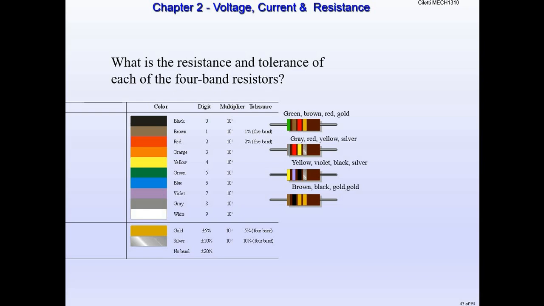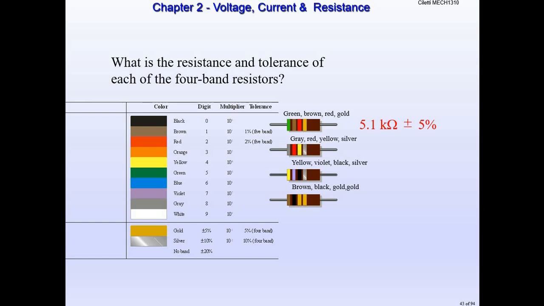You can write that as 5100 ohms, or, since we like everything in engineering or SI prefix, 5.1 kilo ohms plus or minus 5%. I will count you wrong on a test if you do not put the tolerance plus or minus 5%. Don't just tell me it's 5100 ohms, because you're wrong. It's plus or minus 5%. So make sure you remember that for the quiz as well.